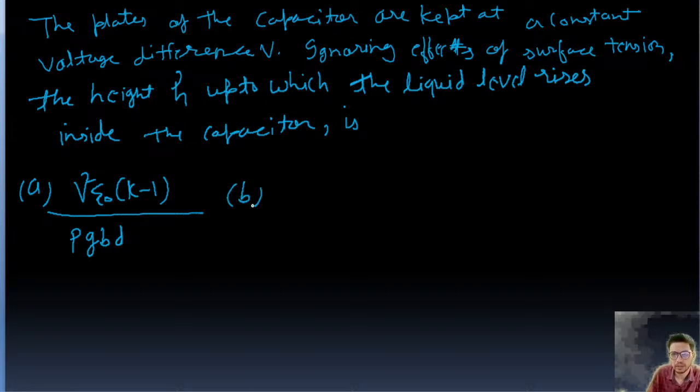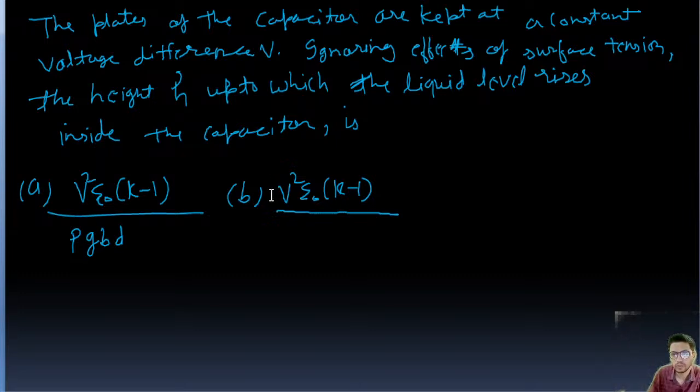Option B is V square epsilon 0 (K minus 1) upon 2 rho g B square.